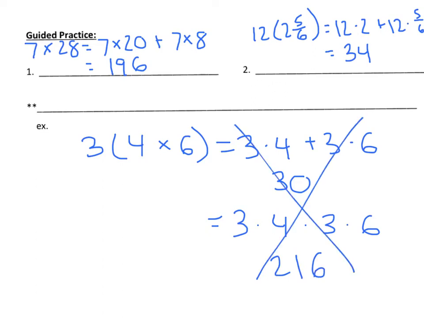So when you have multiplication, you just multiply across, because the real answer is, if you were just following order of operations, 4 times 6 is 24, and 3 times 24 is actually 72. So make sure that when you use the distributive property, it's a sum inside or a difference, not multiplication. So go ahead and write that as a common error in this space right here. What mistake do people usually make?